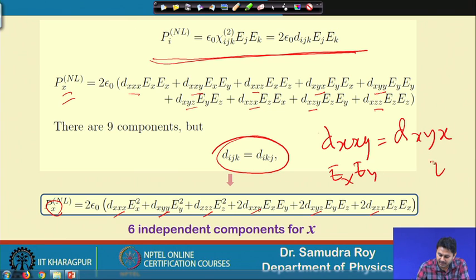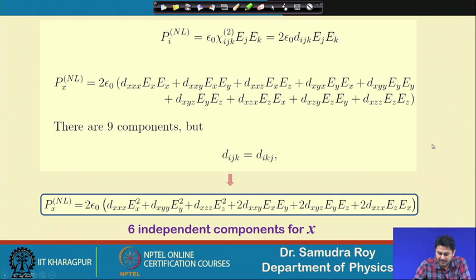Here also the multiplication term will be E y E x. So, we will have a 2 common here, 2 here, 2 here for all these cross terms. The x x, y y, z z terms are independent, and we have the square term here. So, this is the way to write P in terms of E with D matrices.